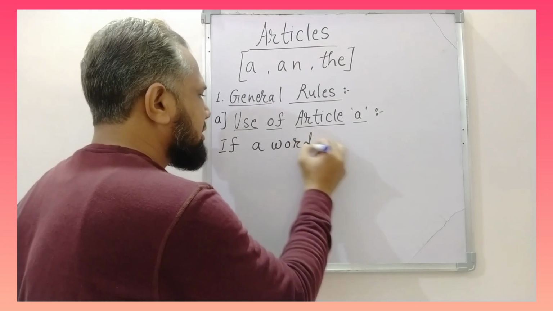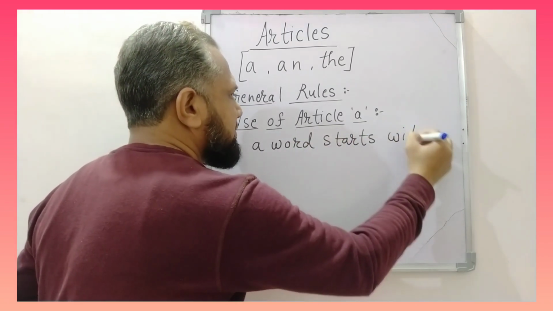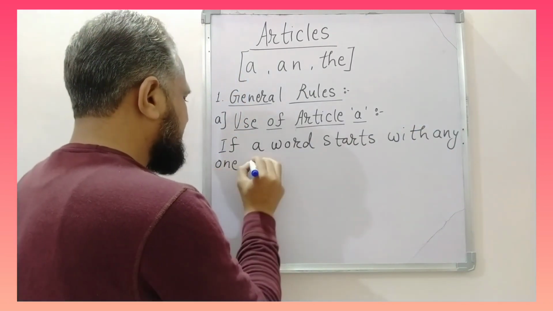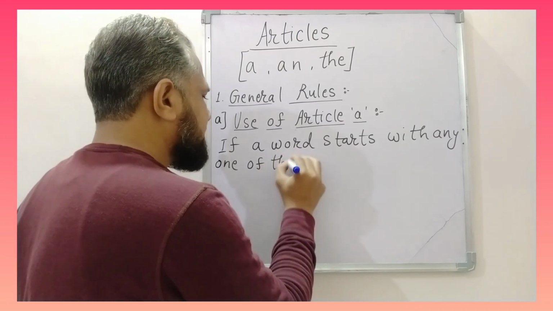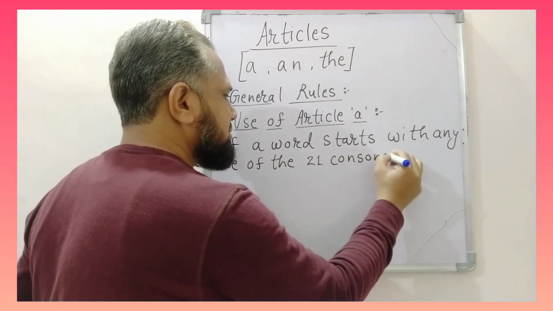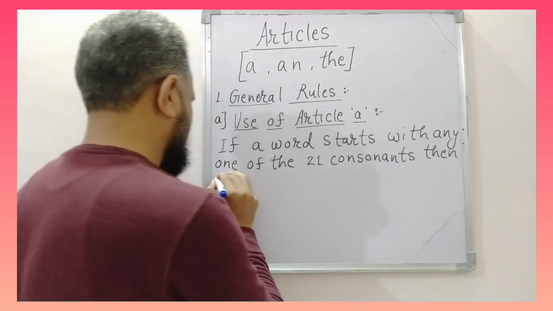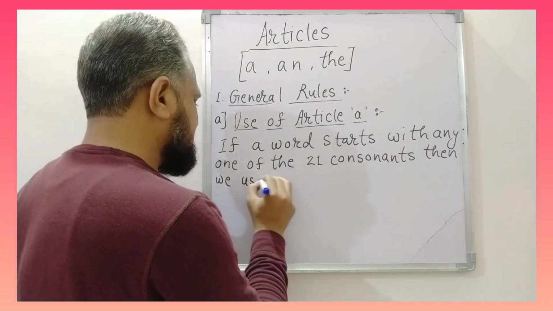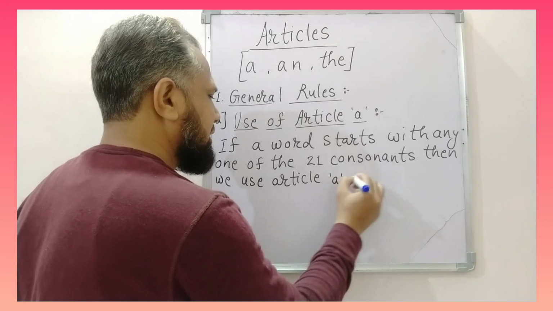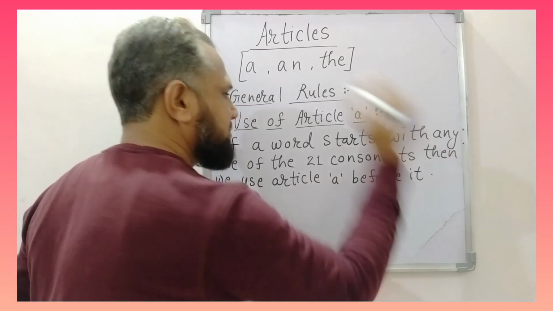word starts with any one of the 21 consonants, then we use article A before it.